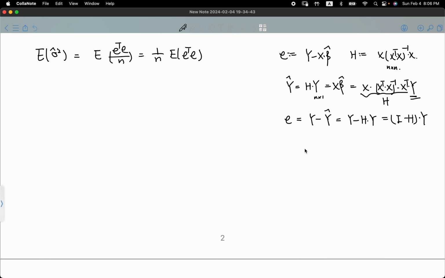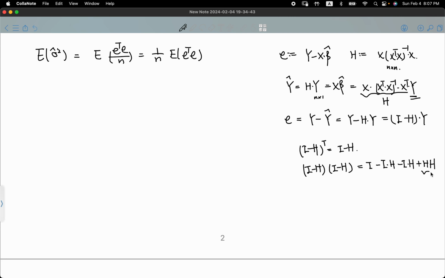Okay, one more comment. I minus H is symmetric. Also, I minus H is idempotent. So I multiplied by I, minus I multiplied by H, minus I multiplied by H, plus H multiplied by H. Now I just leave this part for you to verify.